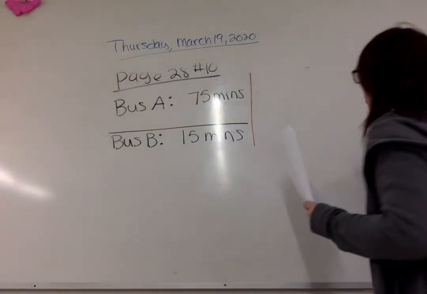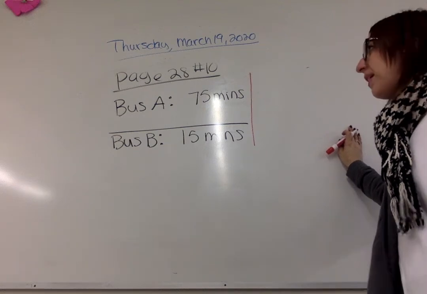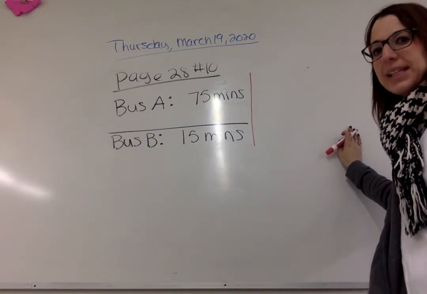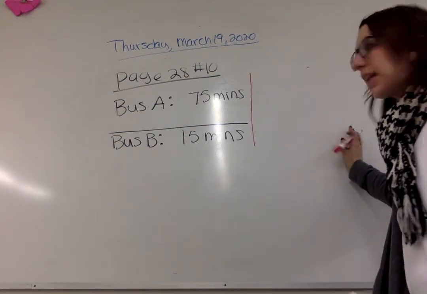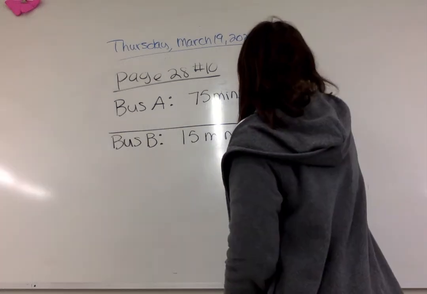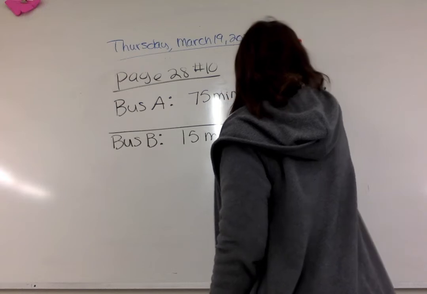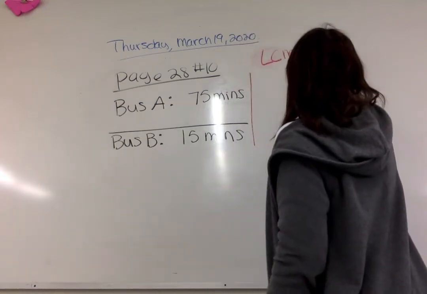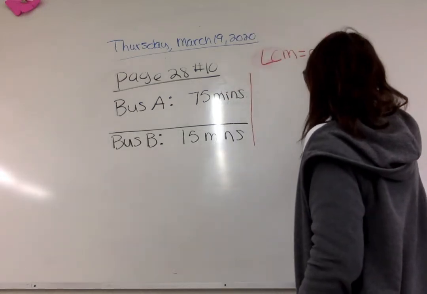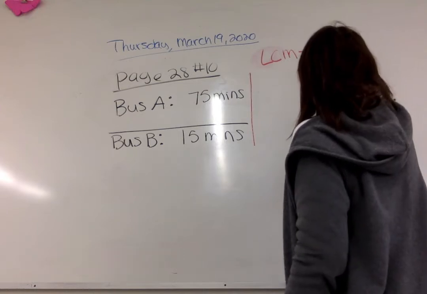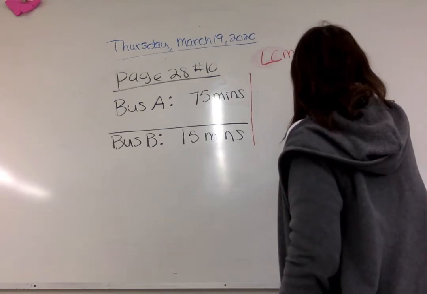So here's what we need to know. We're not going to find the greatest common factor because that doesn't make sense. Each and every means you find the LCM, which are the multiples, which means each, every, least.